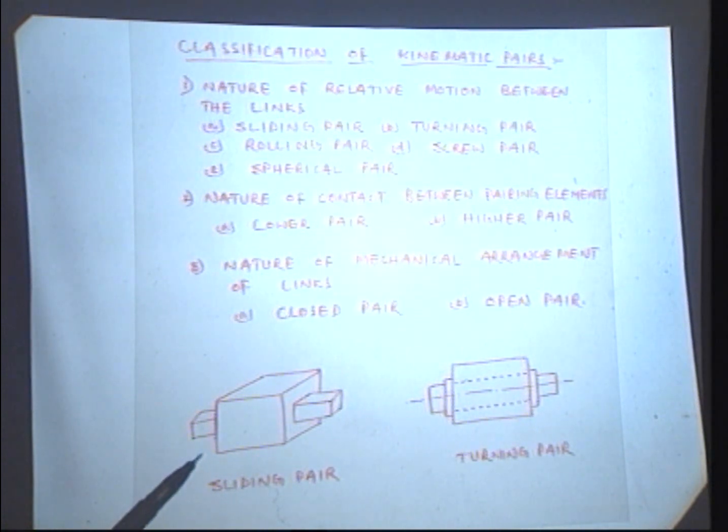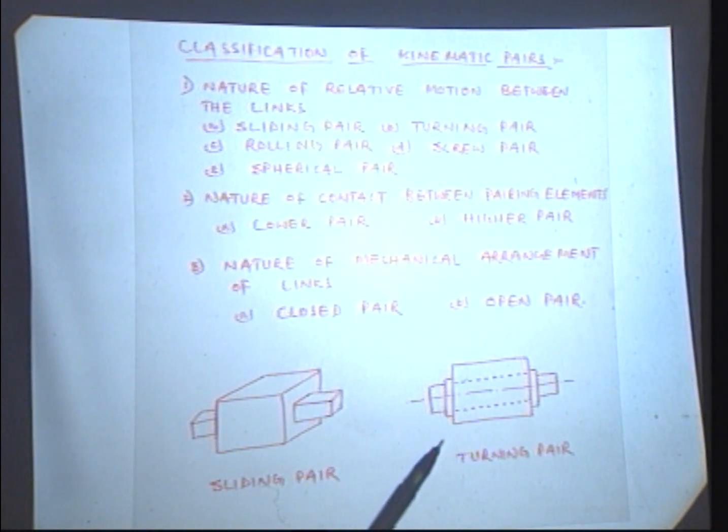Here you are seeing a sliding pair. When the nature of contact between the elements of a pair is such that one element can slide into the other, such a pair is called a sliding pair.